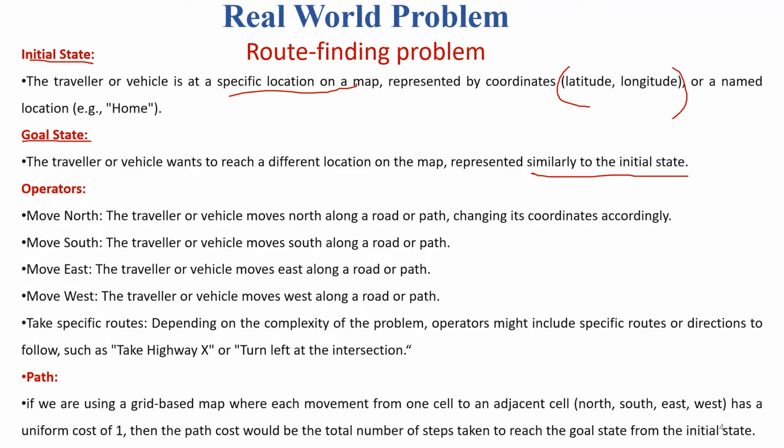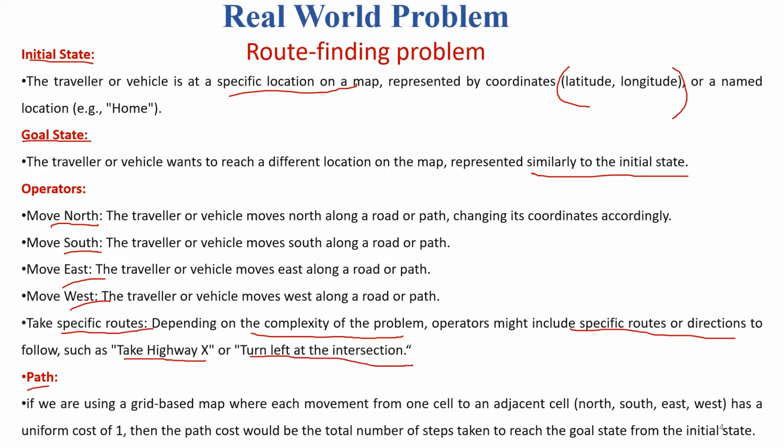Then comes operators. Whether we move to the north, south, east, west, or directly you specify the routes. Depending on the complexity of the problem, it might include specific routes or directions such as take highway X or turn left at the intersection.